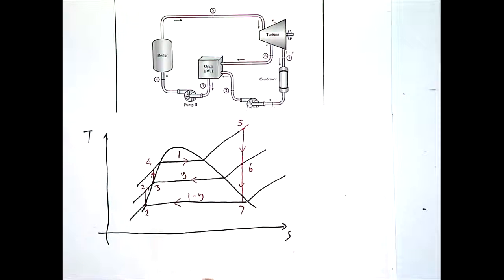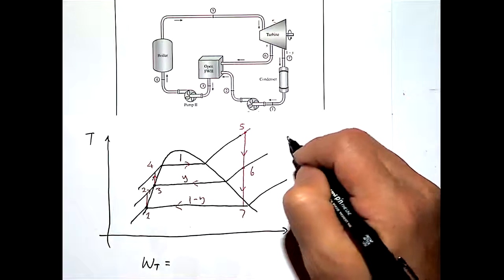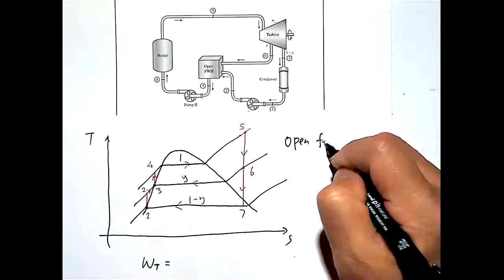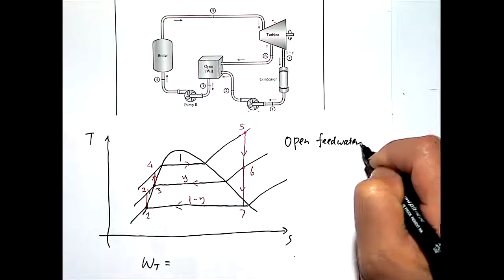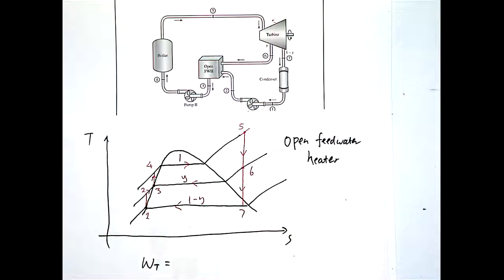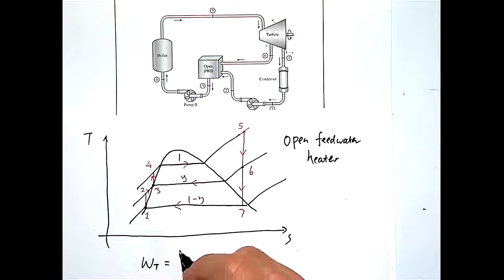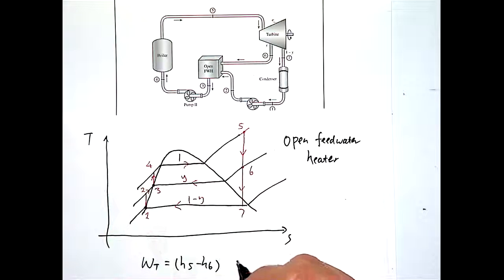Right? So if I want to calculate the total turbine work for this open feed water heater, the turbine work is 2 parts, right? It's from H5 to H6 plus H6 to H7.